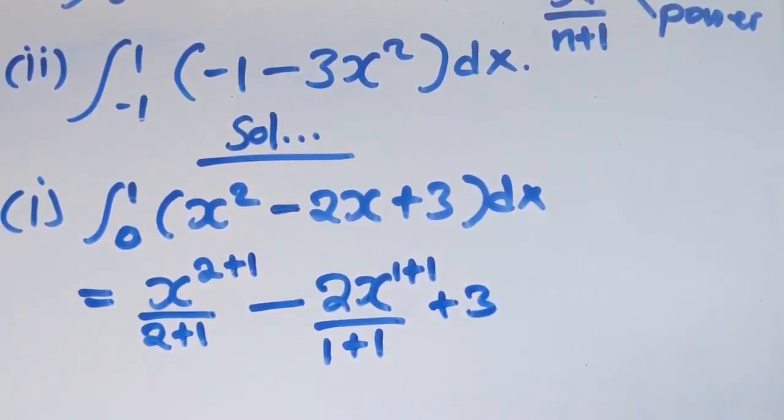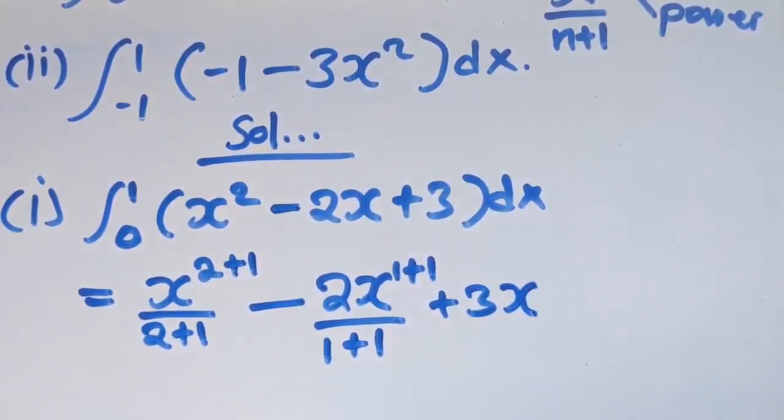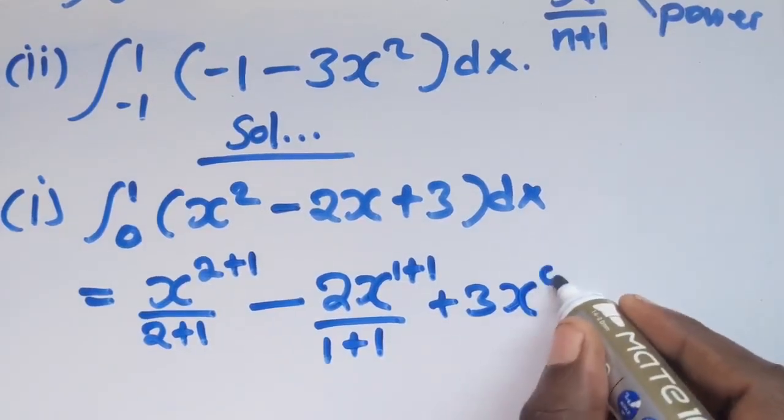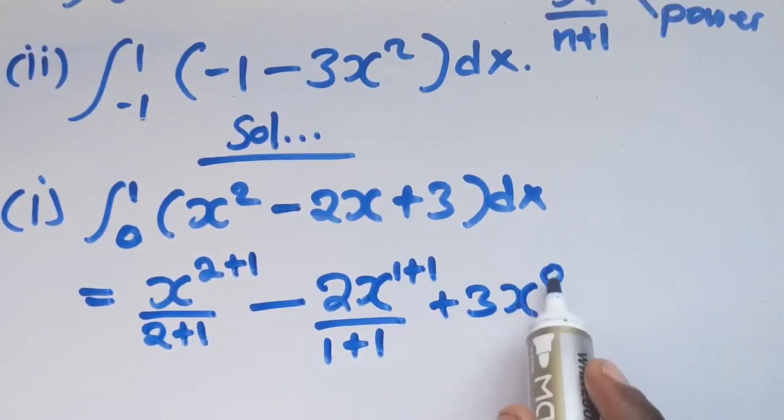So now what you need to understand is that there is x here. There is x, but it is to the power 0. Whenever you see a constant, a number that doesn't have any letter, you need to know that it has x to the power 0.